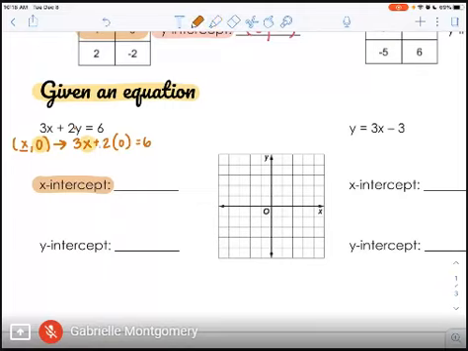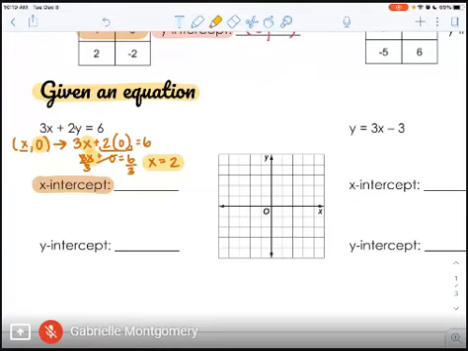So first I simplify anything I can. 2 times 0 is just 0. Everything else is going to drop down. Well, 3x plus 0 is 3x plus nothing, so I really have 3x equals 6. In order to get this x by itself, I'm going to divide both sides by 3, and I'm left with x equals 6 over 3, which is 2.